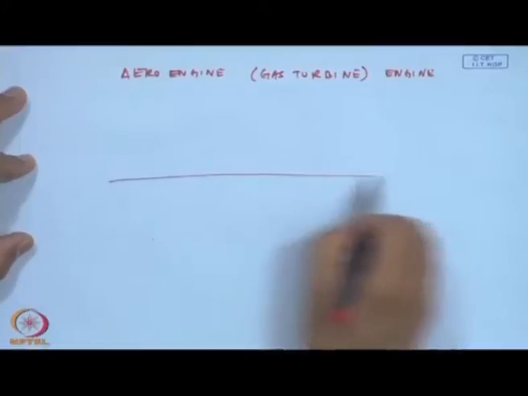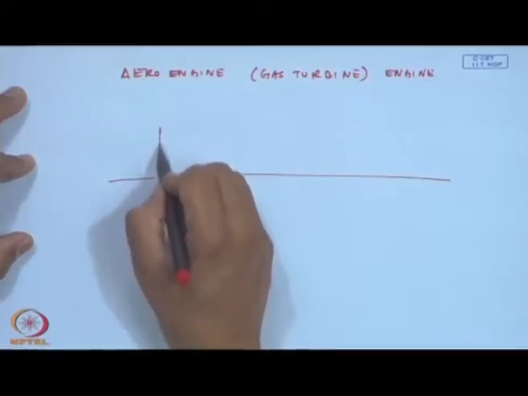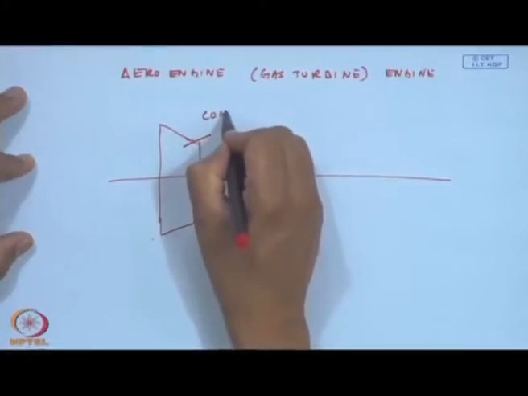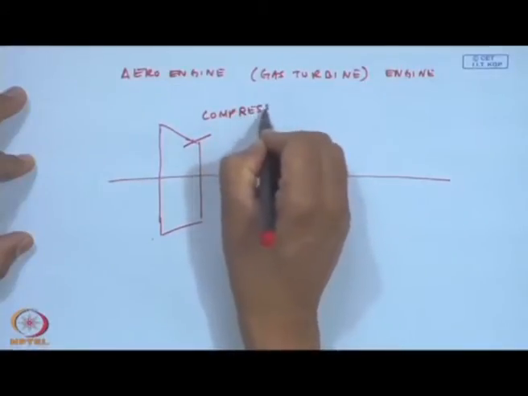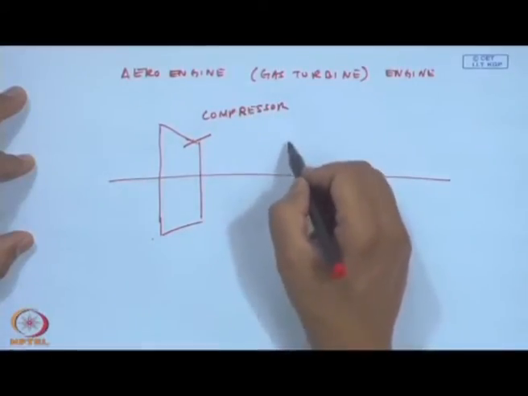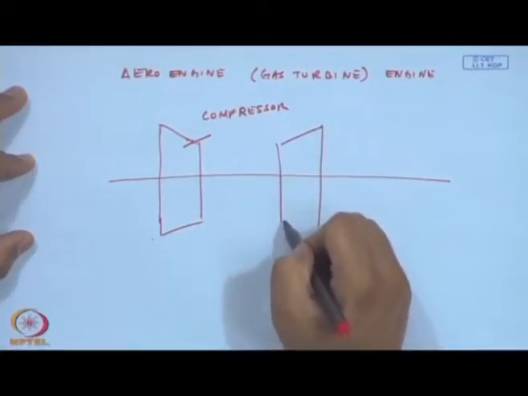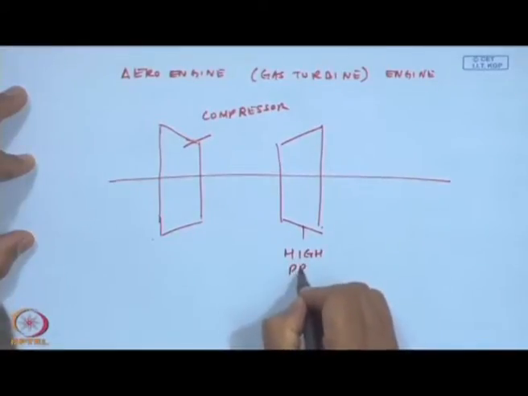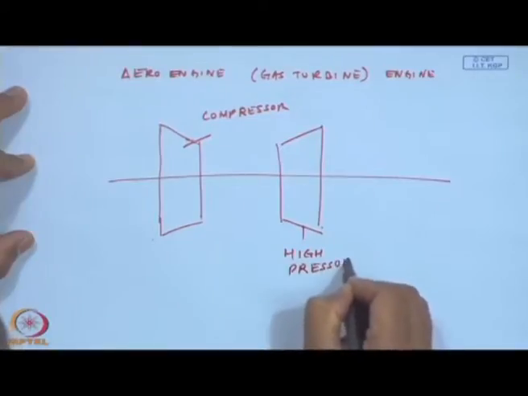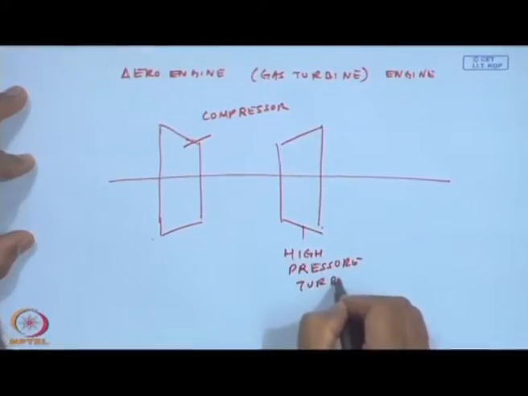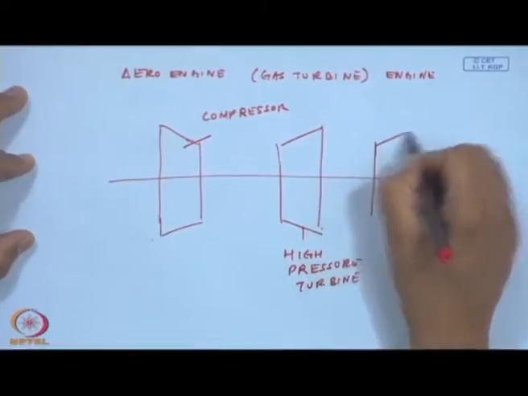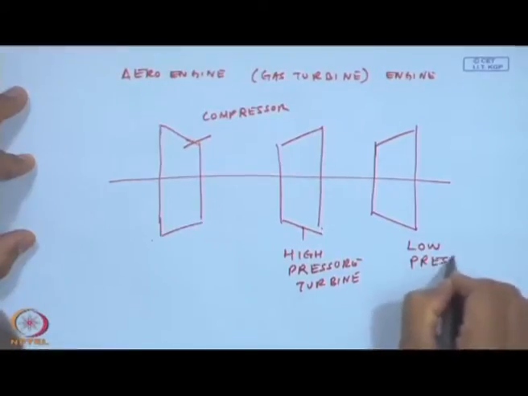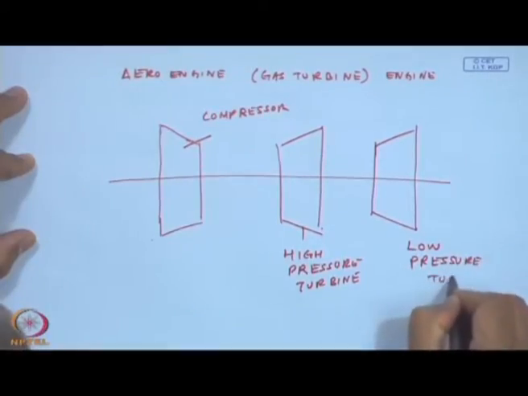So, we have a long system wherein the first stage is maybe a compressor set, and then we have the high pressure turbine, followed by another low pressure turbine.